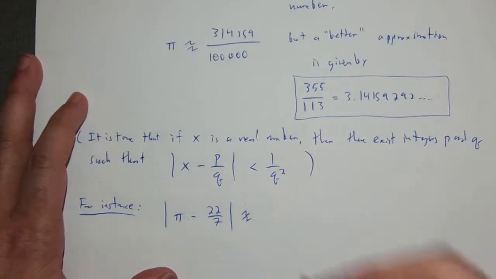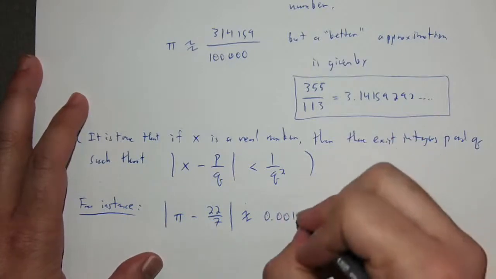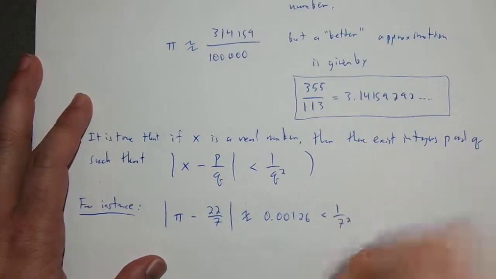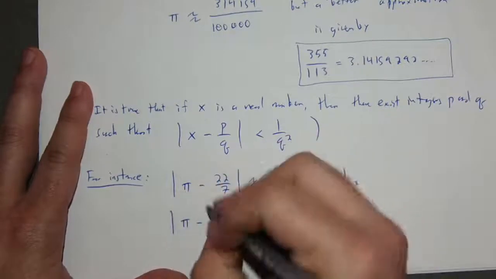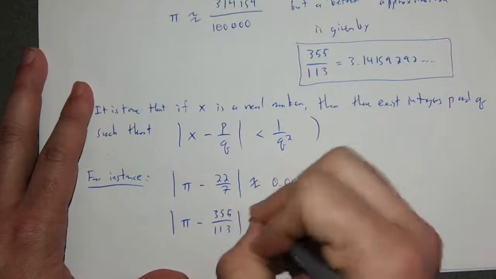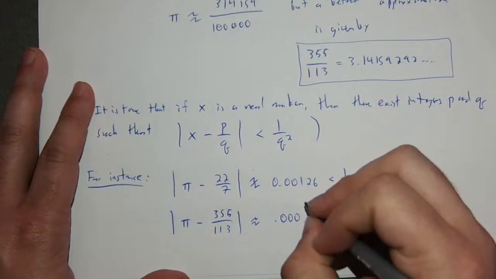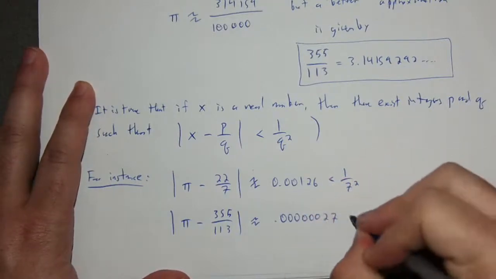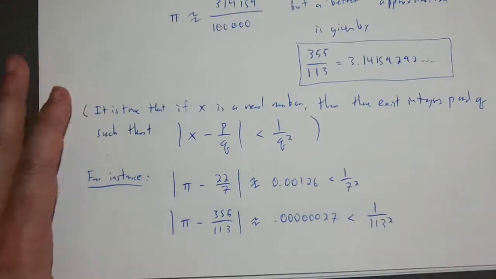So this is approximately 0.00126, which is less than 1 over 7 squared. And pi minus 355 over 113 is approximately 0.0000027, which is less than 1 over 113 squared.